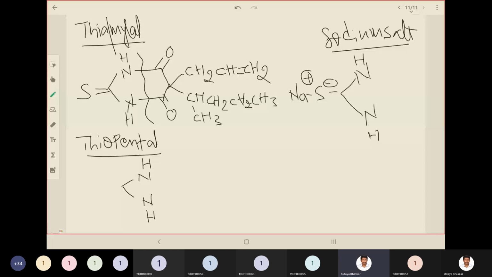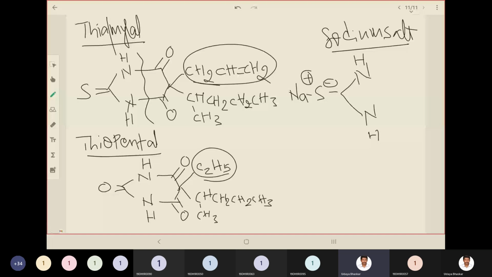What is the difference here? The second substituent is an ethyl group instead of propynyl. Here it is propynyl, here it is ethyl group. That is the difference between thiamylal and thiopental.